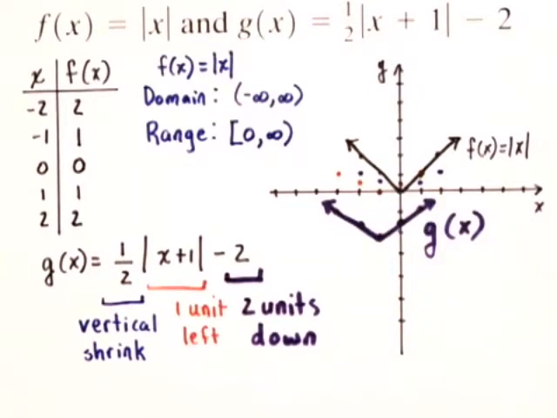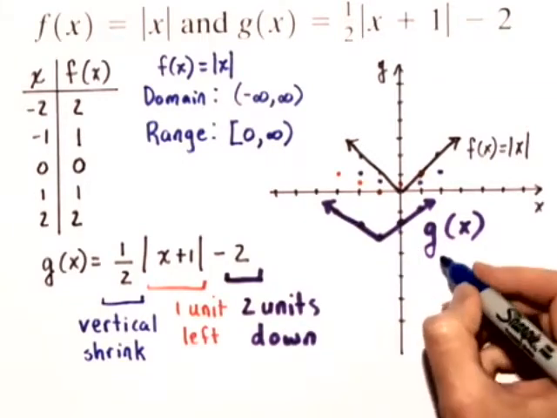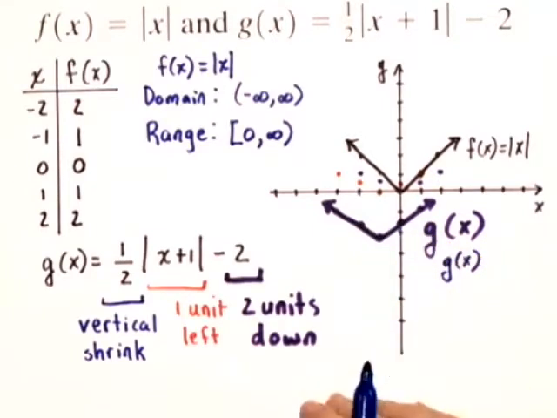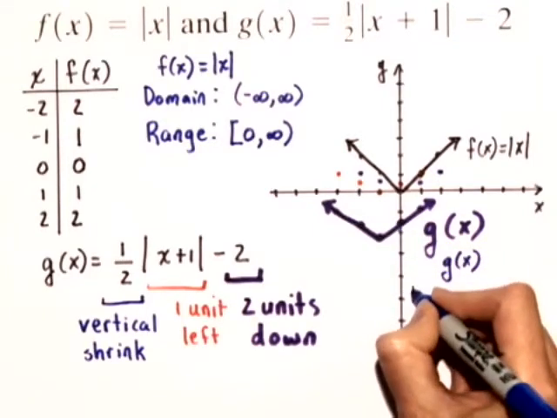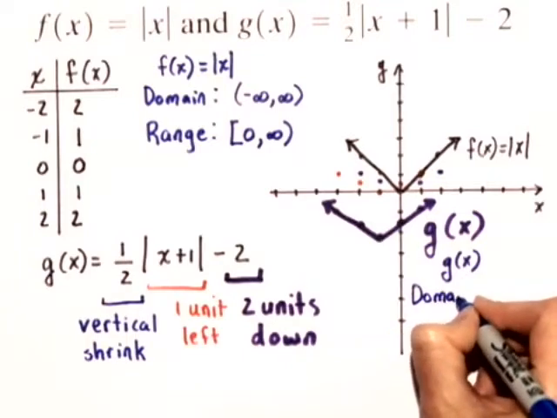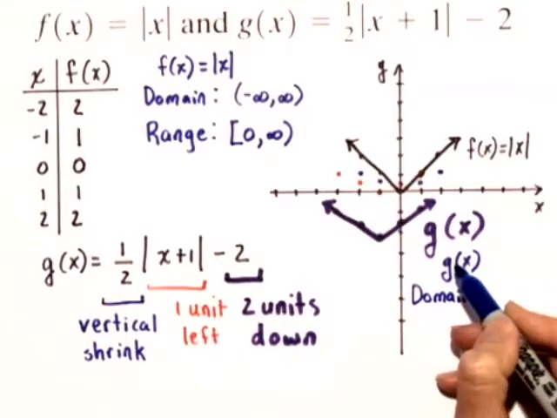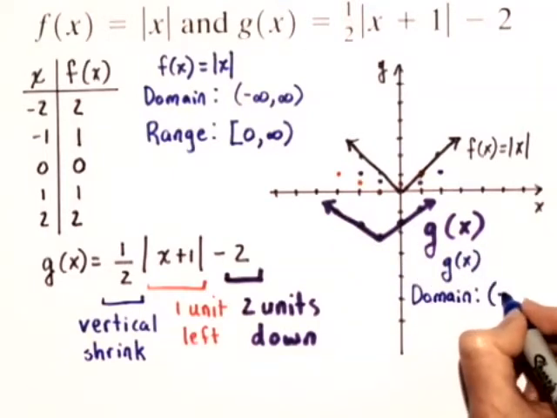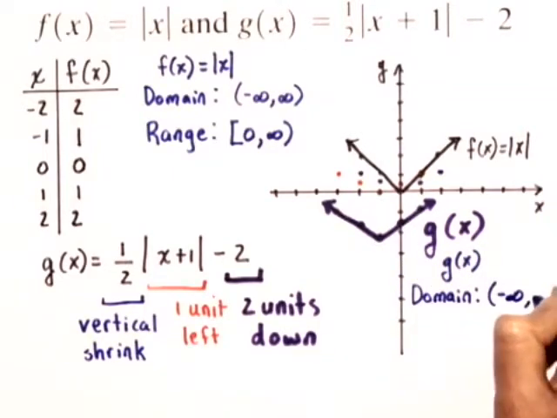Now let's also take a look at the domain and the range of our new function, g of x. So for g of x, here in purple on the graph, I have a domain. Again, I can let x equal any real number, so from negative to positive infinity.